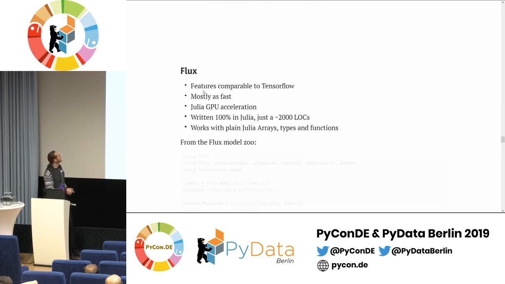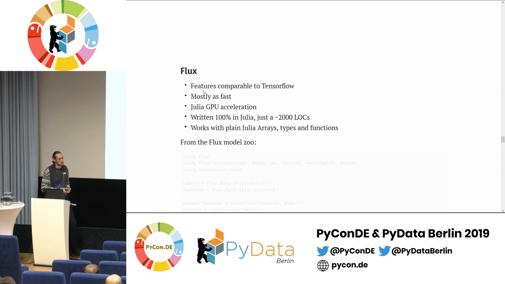libraries for that. Julia also has a neural network library, which is called Flux. Its features compare roughly to what TensorFlow offers. Mostly it's as fast, but because there are fewer people working on it, there are definitely some performance bugs.